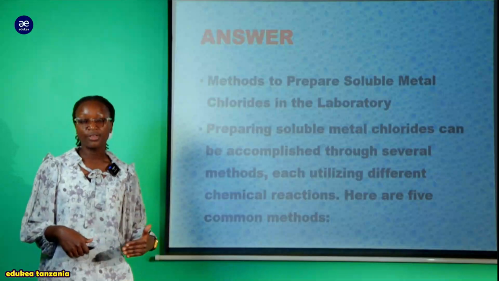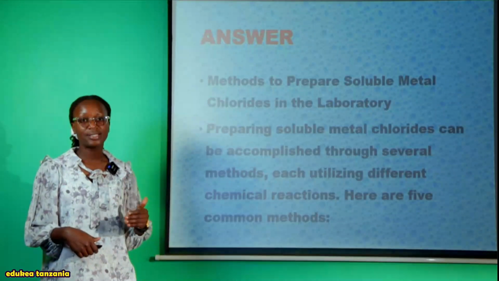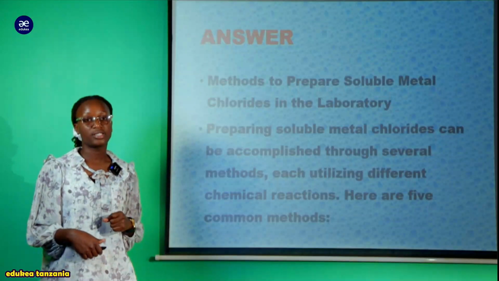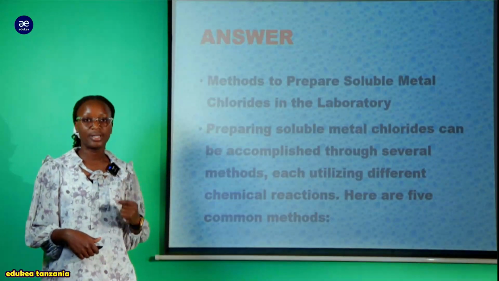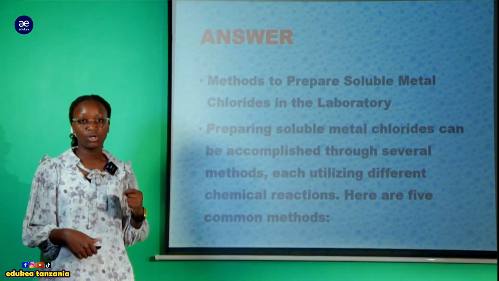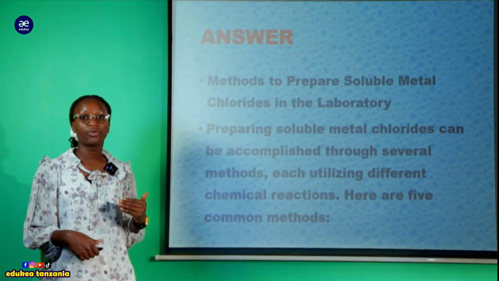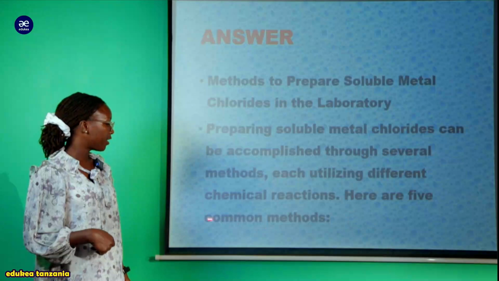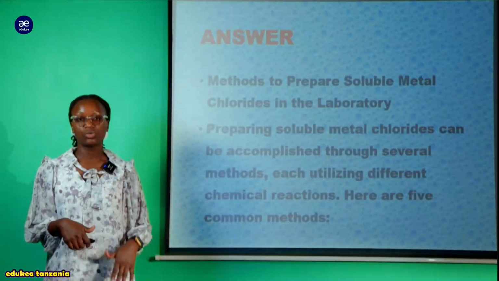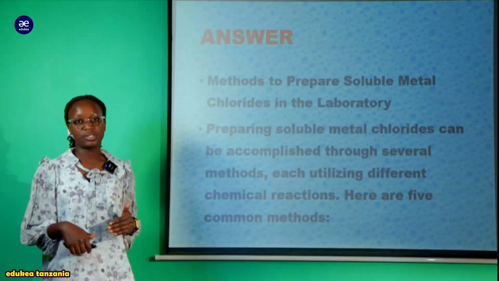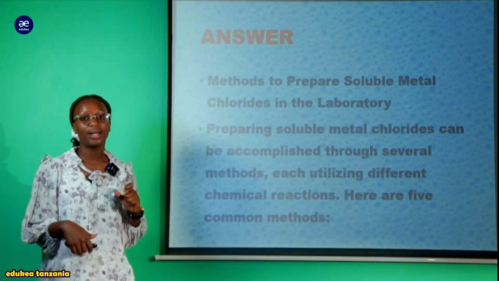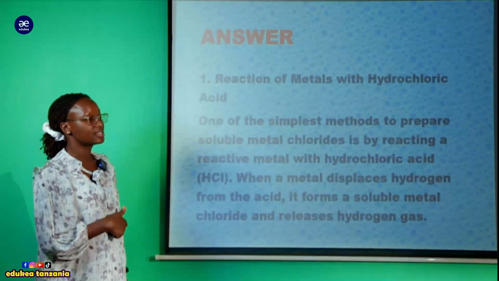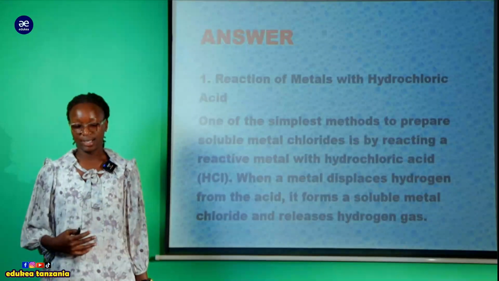Kwamba each method inakuwa involve its chemical reaction, but the main purpose is to ensure that we prepare those metal chlorides or the compounds of chlorides which are soluble in nature. So here are 5 common methods. Sasa tuone hizo common methods, lakini kumbuka swali letu katupa limit, katuambia 5. Okay, so now let us discuss one after another.